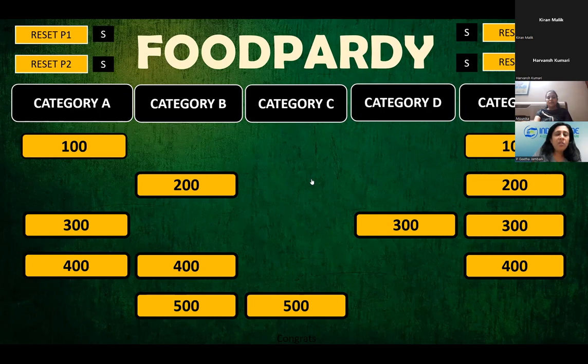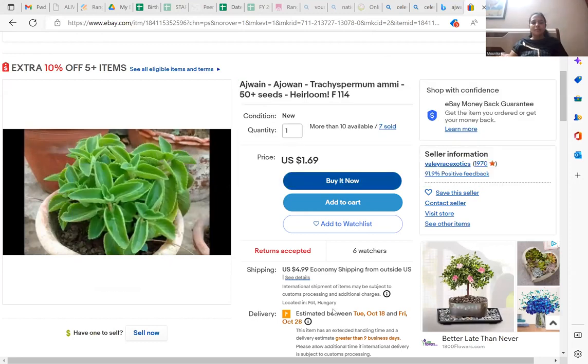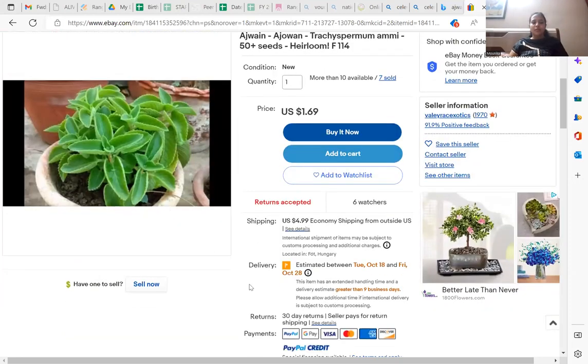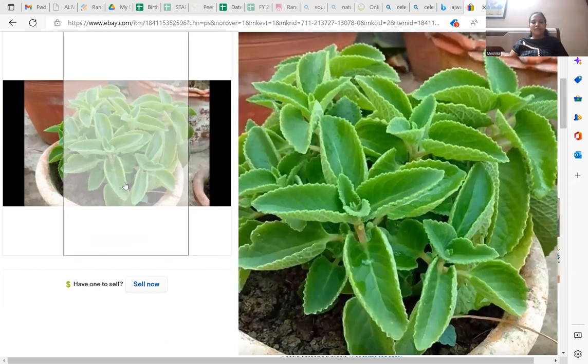I can show the ajwain plant she is talking about. Can you please stop sharing the screen? Sure. She's talking about this one. This is very different looking. But we make bhajia out of it.